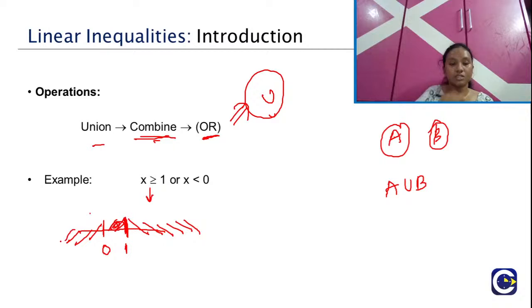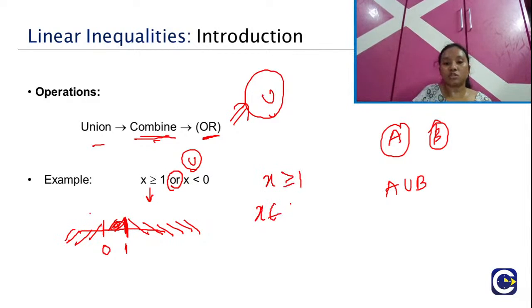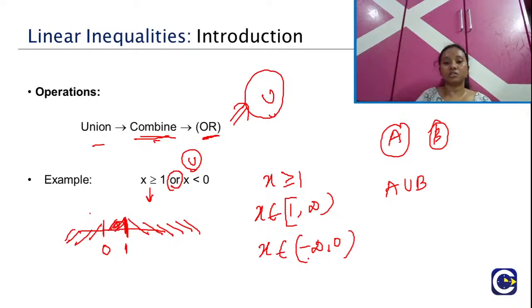So less than 0. Whenever I have it like this, I can take the union of both the solutions, because here the operator between the two inequalities is OR. That means the combination of both solutions. For x greater than or equal to 1, x belongs to 1 comma infinity, where for 1 it will be a closed bracket, and for x less than 0, x belongs to minus infinity comma 0.